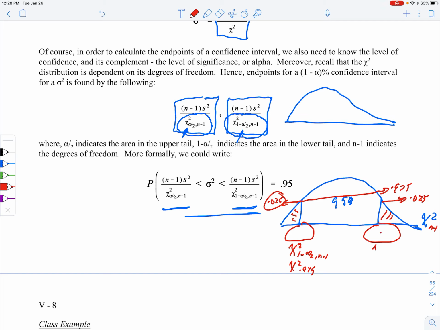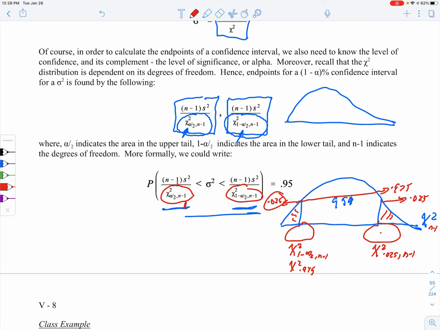And then this one here would be the upper value. This would be the 0.025, and then n minus 1. So that would be the 2.5% in the upper tail. Now, when you take a look at this here, it looks like they've been switched, and they actually have. This is actually the bigger number, and this is the smaller number.